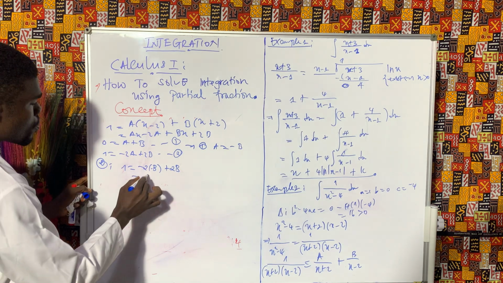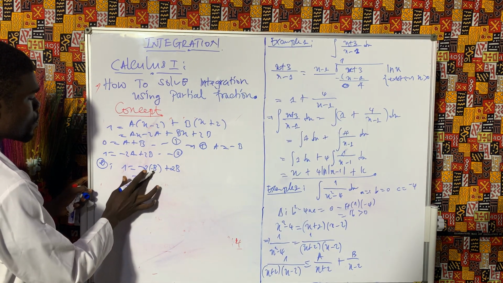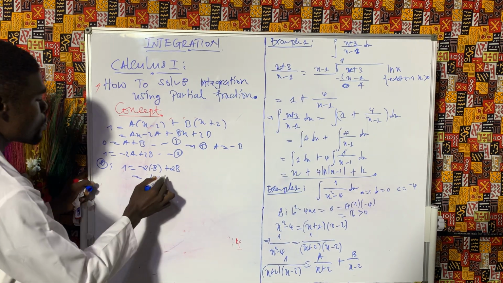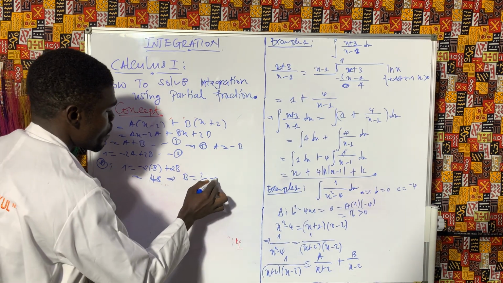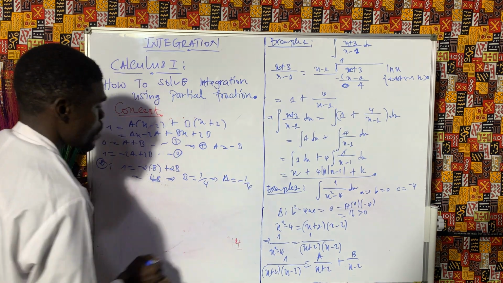So that should give us 4B. This is positive, so that gives us 4B. It implies our B will be 1/4, which directly tells us that our A will be negative 1/4.